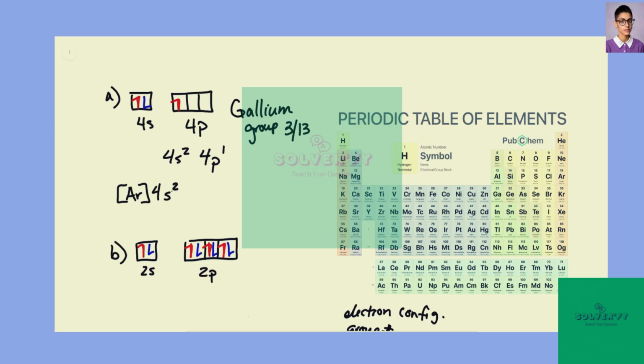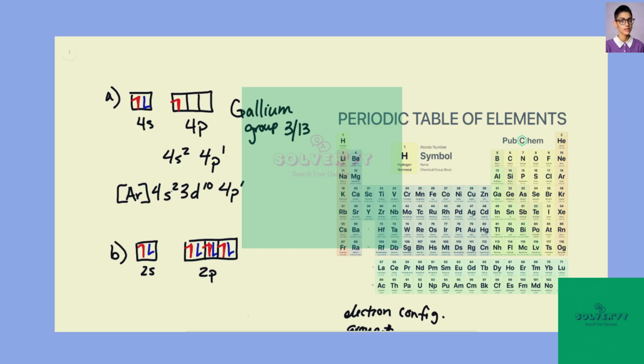Then we write in the 3d10 electrons that we're magically missing. And then we can fill in the 4p1 electron that identifies it as gallium.